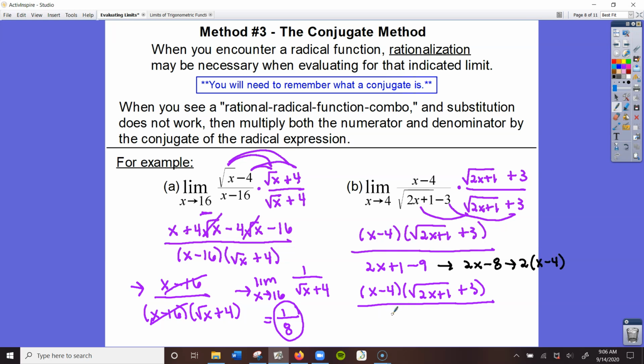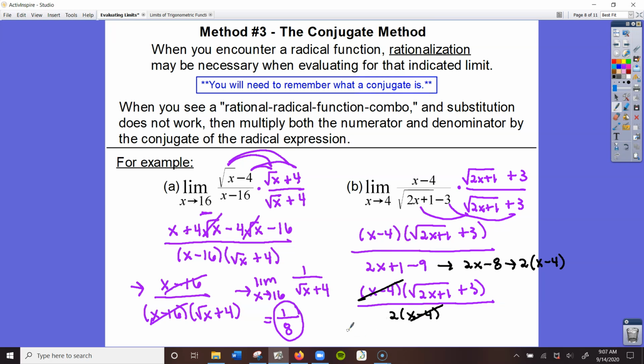So that's actually my new denominator, 2 times x minus 4. And what happens here is that those x minus 4's cancel. That's the whole point of using the conjugate method. You want that problematic factor to cancel out.